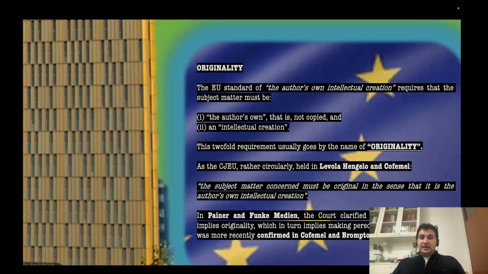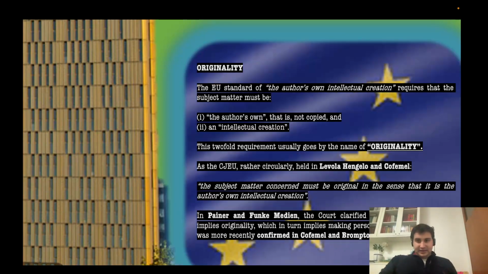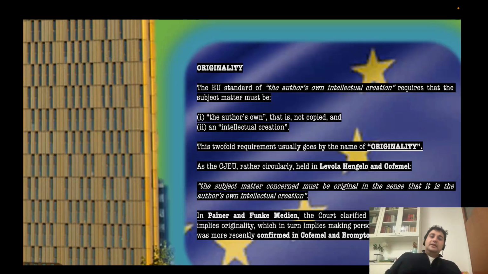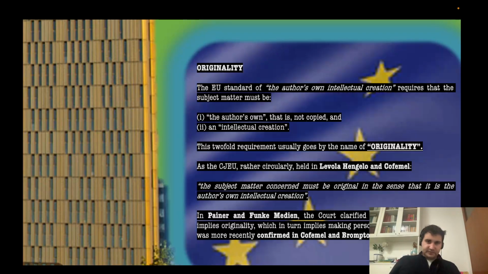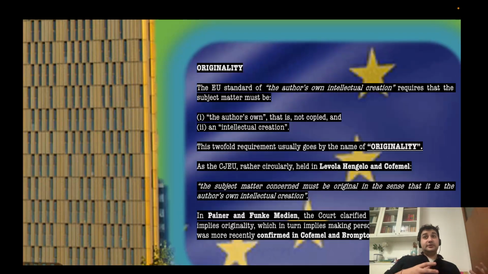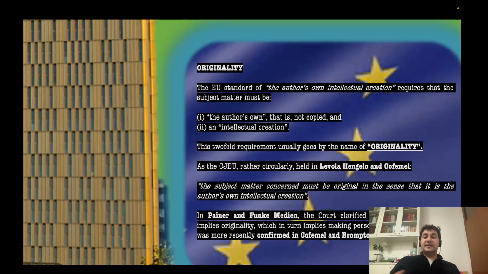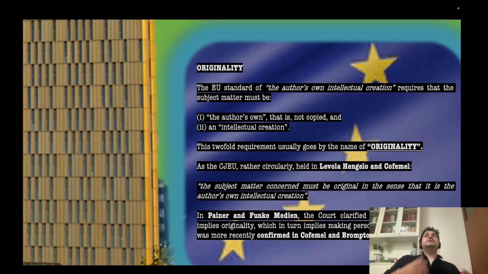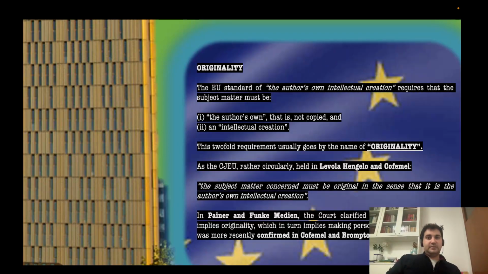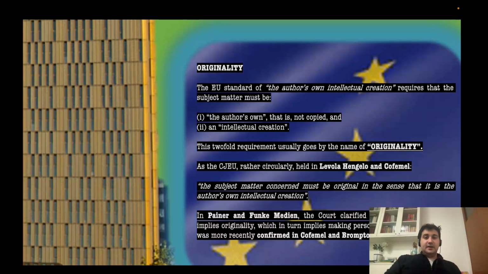These have been confirmed in Brompton Bicycle and in Cofemel. So the idea of originality in the EU is linked to the author's own capacity of generating intellectual creation, and thence of making personal creative choices related to the work, basically. So it is human agency in that sense.